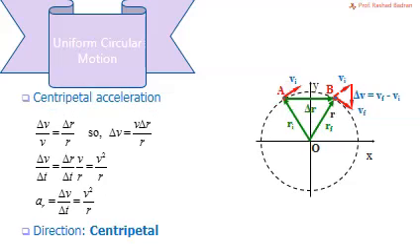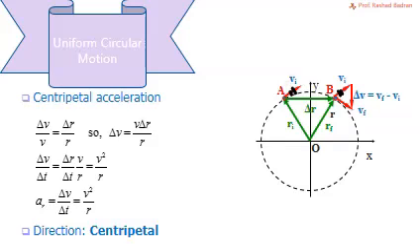Now the question: how did you get this relation that delta v over v equals delta r over r? Let's look at the figure again. Delta v: if we move this vector v initial and put it parallel to it in here, it's the same vector.